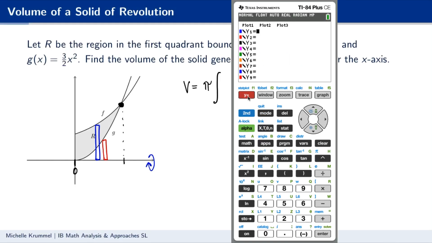Okay, so using my calculator, I'm going to enter my two functions. I'm going to put f of x in y1. So this is 1/2, or 0.5, e to the x plus 1. And then my next function, g of x, I'm going to put in y2.